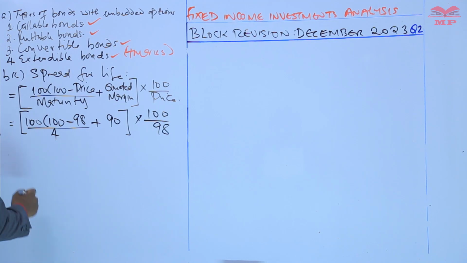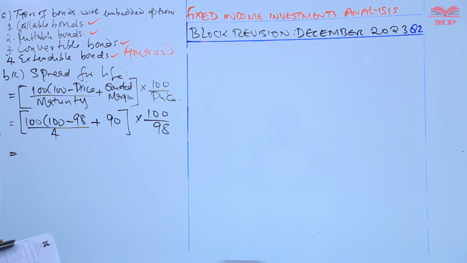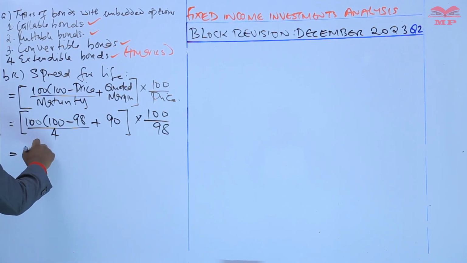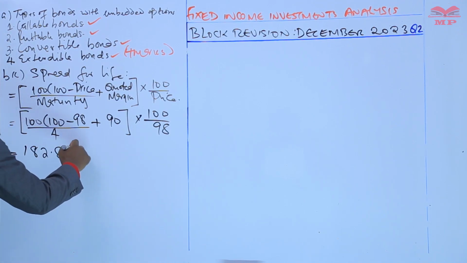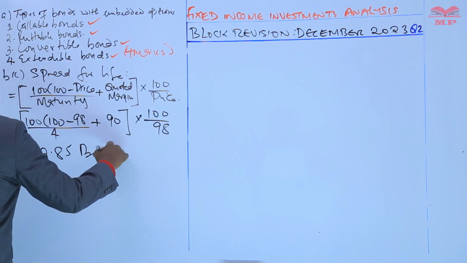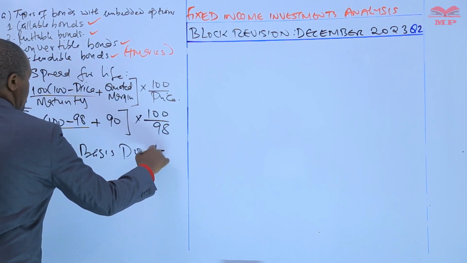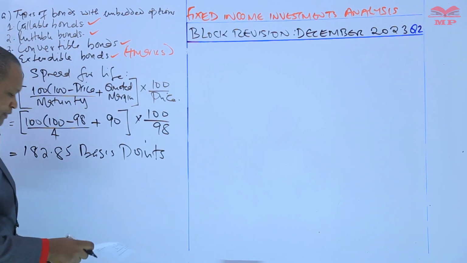That's going to give us the spread for life, which is equal to, I'll use my machine, 182.85 basis points. That is the spread for life.